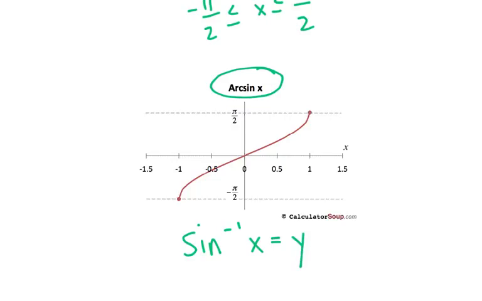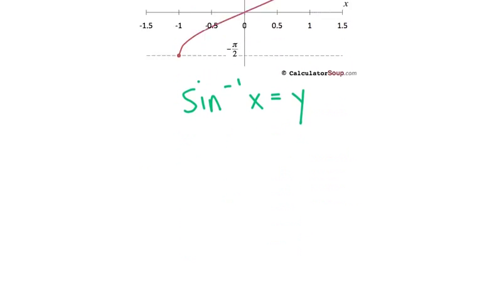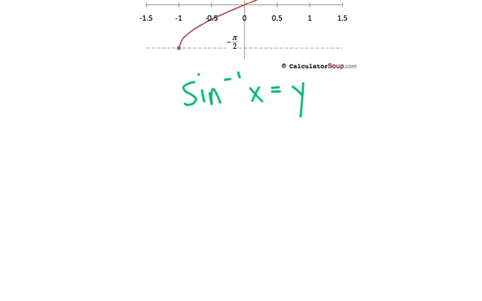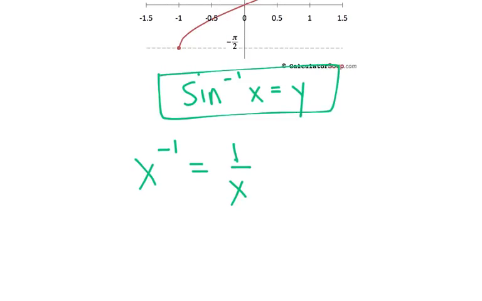Now, the -1 there, sometimes we see the -1 and we want to think that it means reciprocal, because when we give you something like x to the negative first, that's the same thing as 1 over x. Well, in this case, this is just the notation. It's the same as when we did this. It was pronounced f inverse of x.